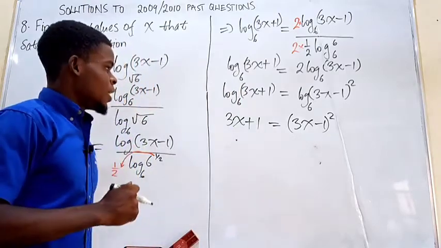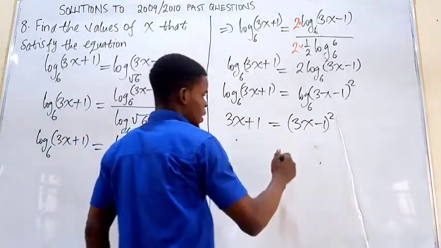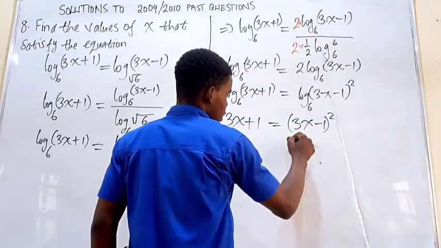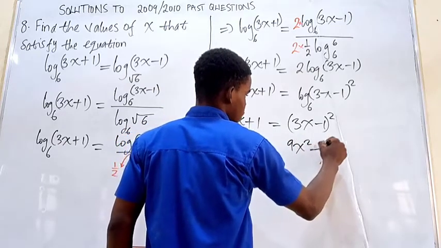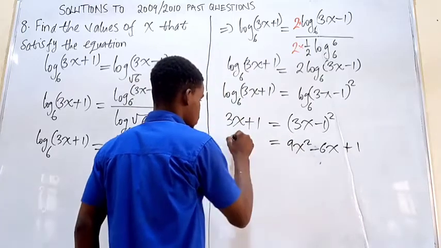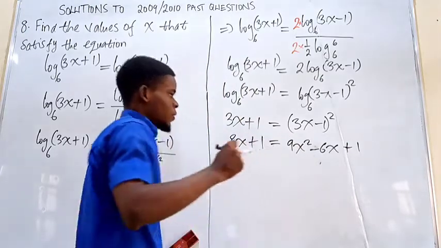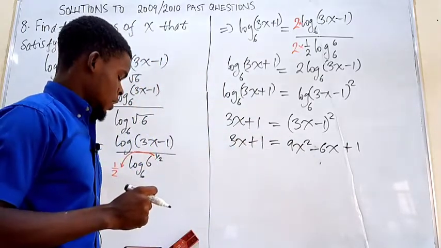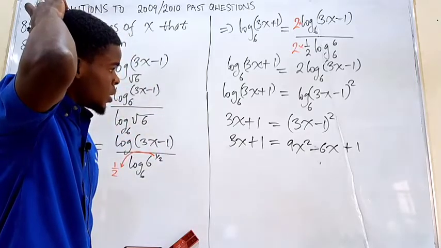Then if we expand the right-hand side, we have 9x squared minus 6x plus 1 equals 3x plus 1. That still helps us.